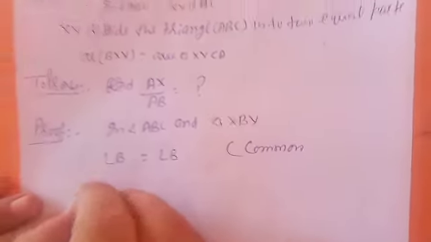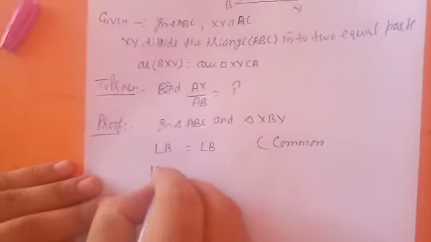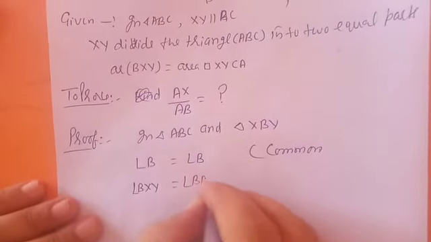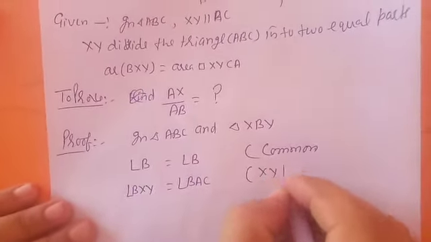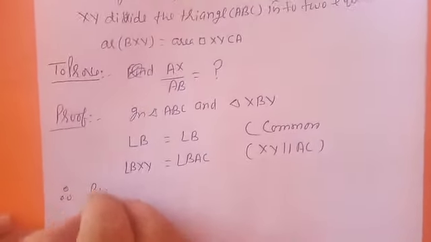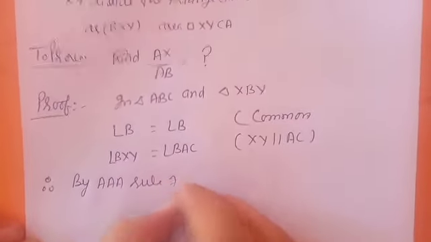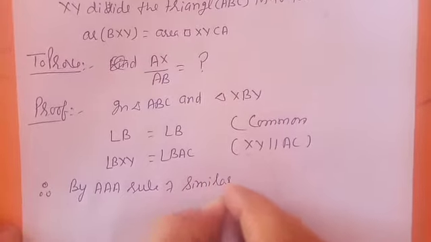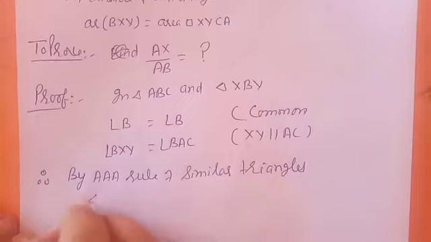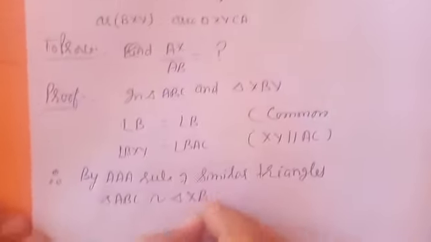But it's better if you write angle B like this, and then you can say angle BXY is equal to angle BAC, as XY is parallel to AC. So therefore by AAA rule of similar triangles, triangle ABC is similar to triangle XBY.